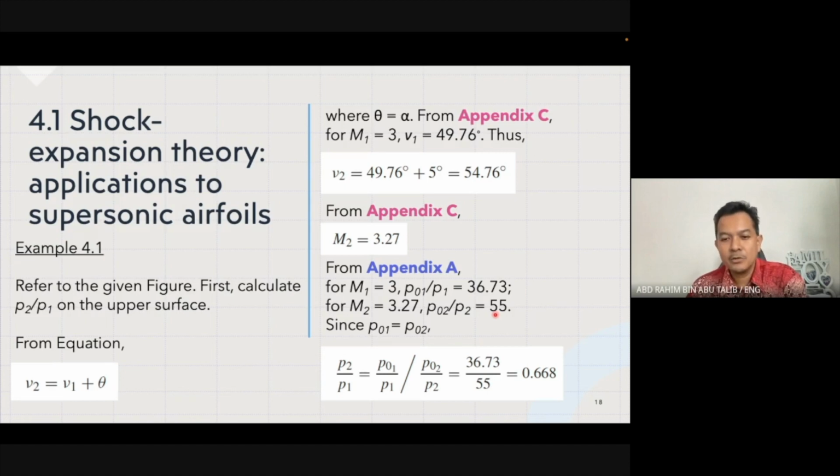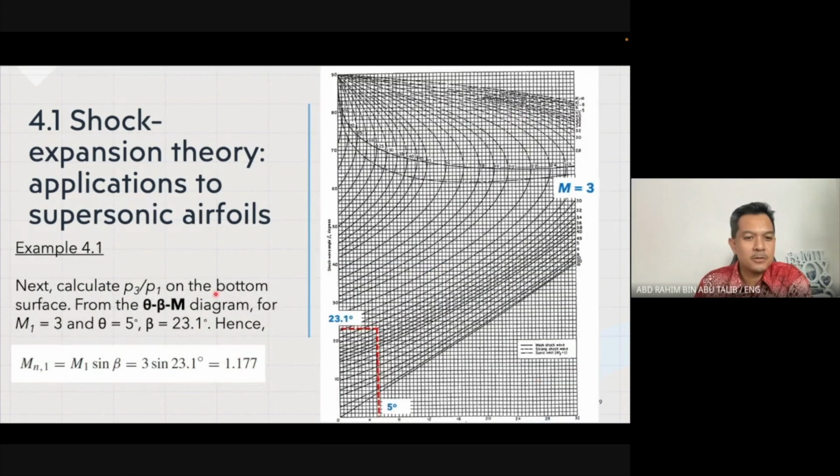Since we know earlier that P01 is equal to P02, solving that, we will get the pressure ratio of P2 to P1 to become 0.668.